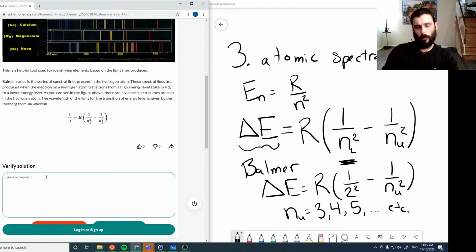So I would say the Balmer series are all hydrogen transitions from a higher energy level to the n equals 2 state.